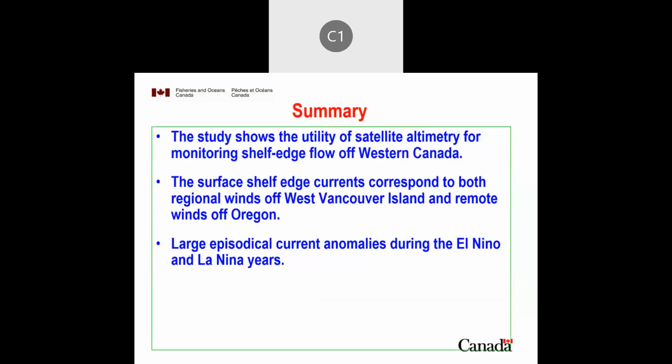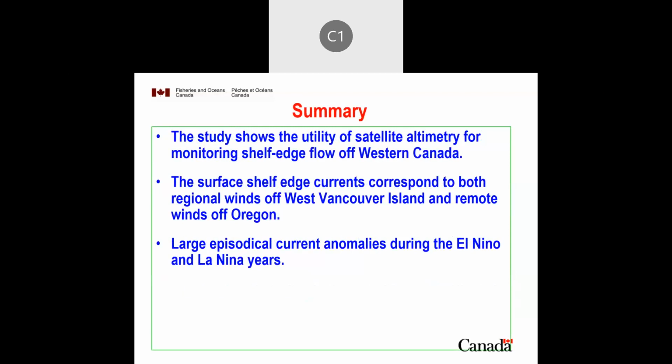To summarize, in this simple study, I showed the utility of satellite altimetry for long-term monitoring of shelf edge flow of Western Canada, and the surface shelf edge currents correspond to both regional winds of West Vancouver Island and remote winds of Oregon. Although there are large episodic current anomalies during the El Nino and La Nina events, we do not see any significant correlation between the current anomalies and NINO 3.4 or the Pacific Decadal Oscillation.